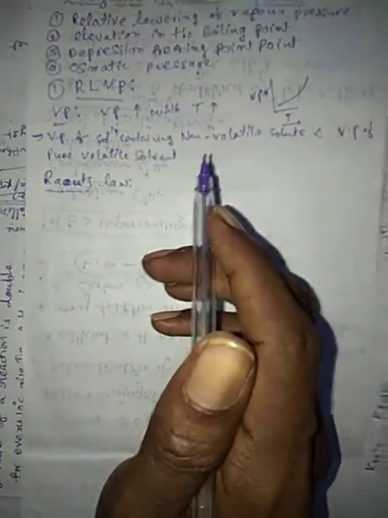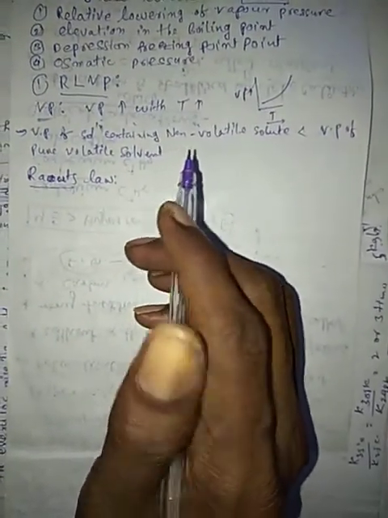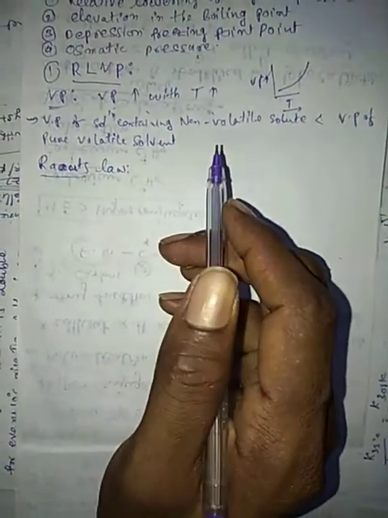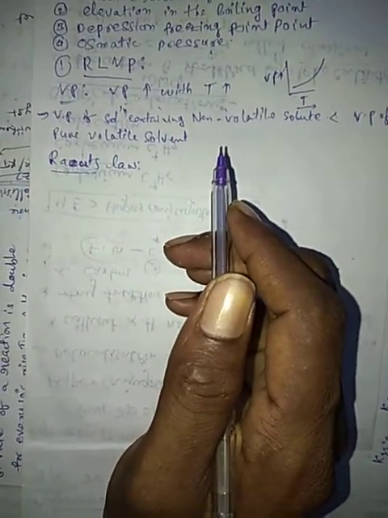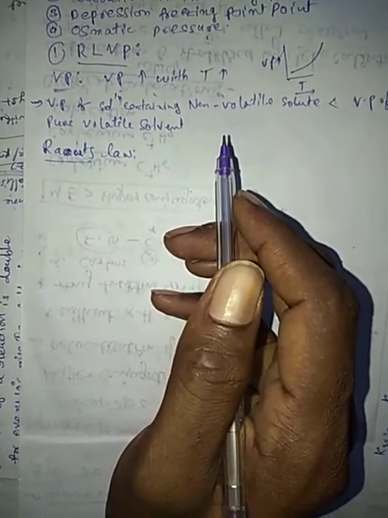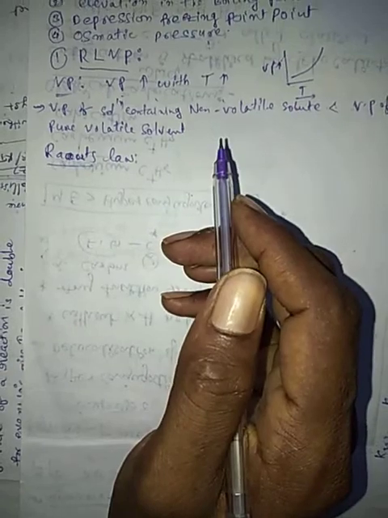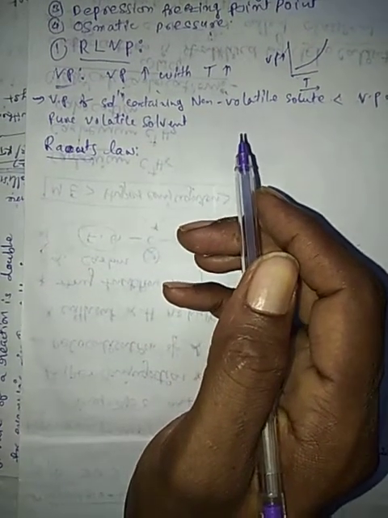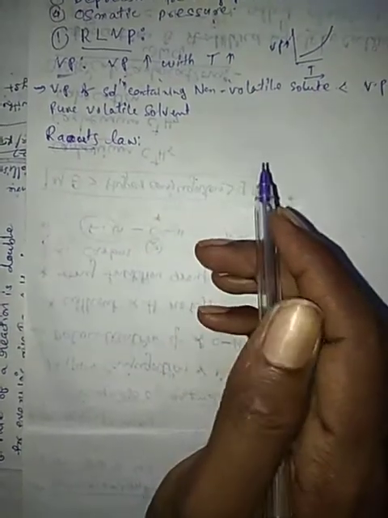For a dilute solution of two or more volatile liquids, the partial pressure of any liquid is equal to the product of the mole fraction of that liquid and the vapor pressure of the pure liquid. This is called Raoult's law.